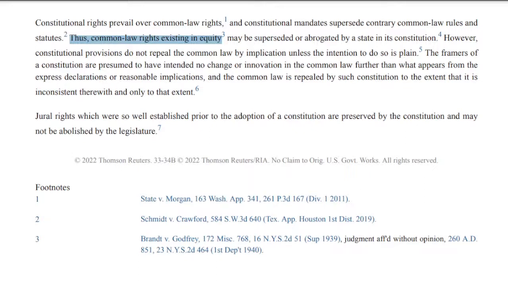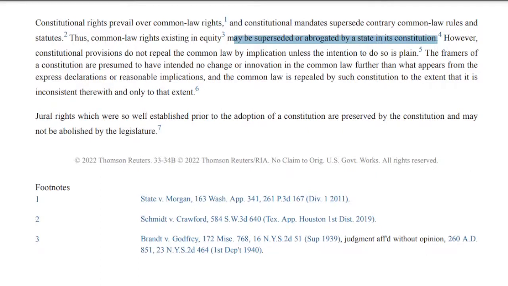Okay, let's continue here. Constitutional rights prevail over common law rights, and constitutional mandates supersede contrary common law rules and statutes. Thus, common law rights existing in equity may be superseded or abrogated by a state in its constitution.